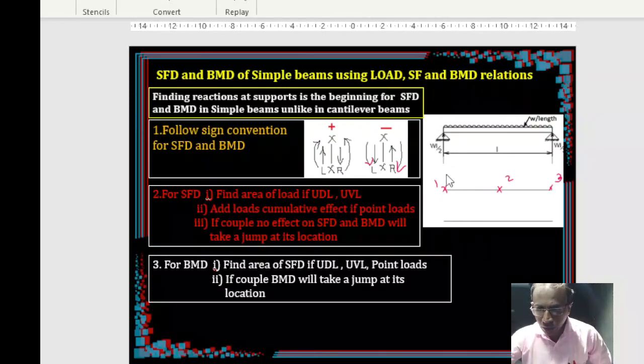Alright. So you have drawn that WL by 2 ordinate. Keep it. So this is plus, right? Left of the section you are, and the force is acting upwards, so it's going to be WL by 2. So let's keep that as it is and then move forward. This is WL by 2 for me.